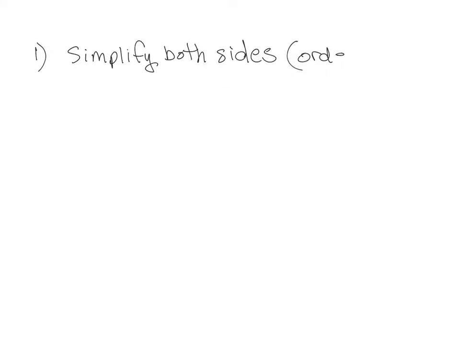So your strategy for solving a linear equation, that means there's an equal sign, is that you have to simplify both sides of the equal sign. How do you do that? You've got to use the order of operations. Now I know all of this should be review.